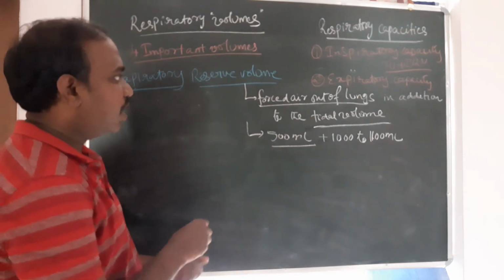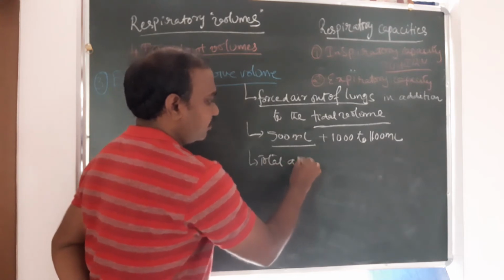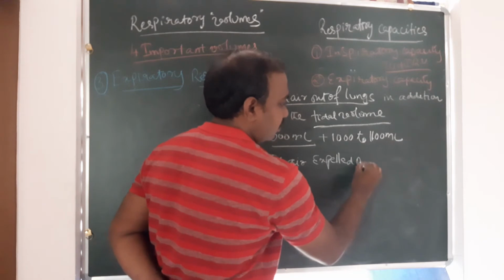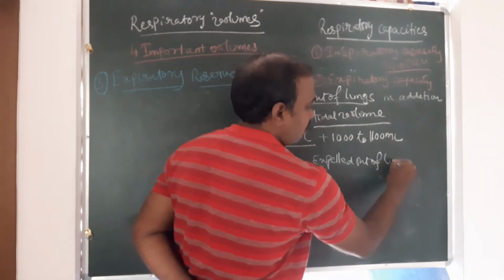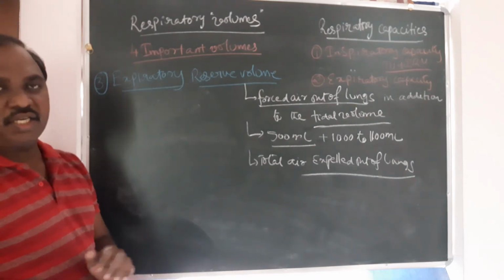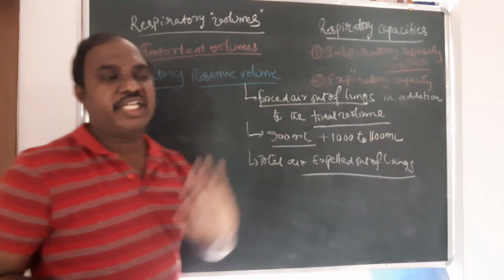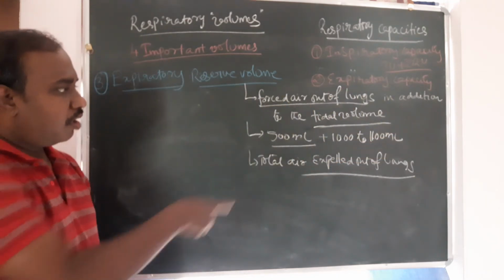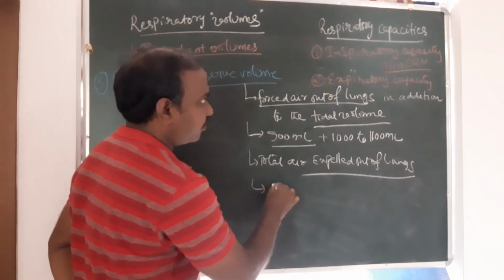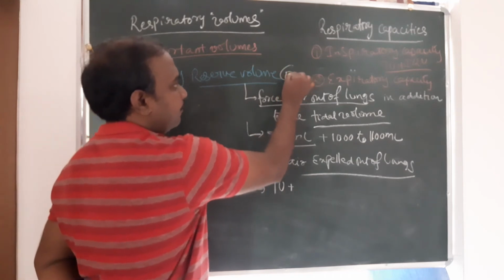Expiratory capacity is the total air expelled out of the lungs. So the total amount of air expelled out of the lungs in the tidal volume and in the forced breathing as well. You see, so what is this one actually? Tidal volume plus ERV, right?